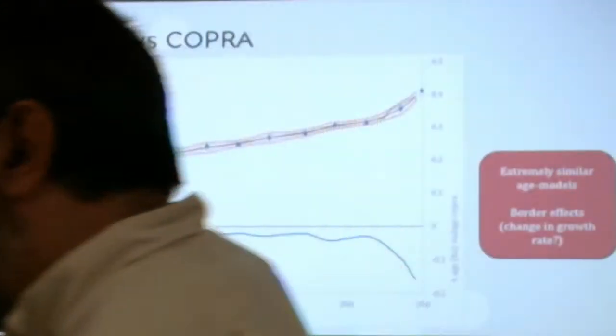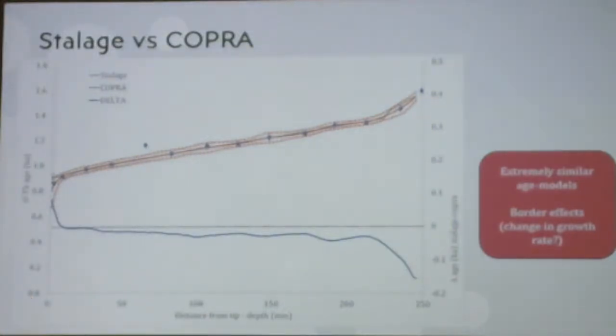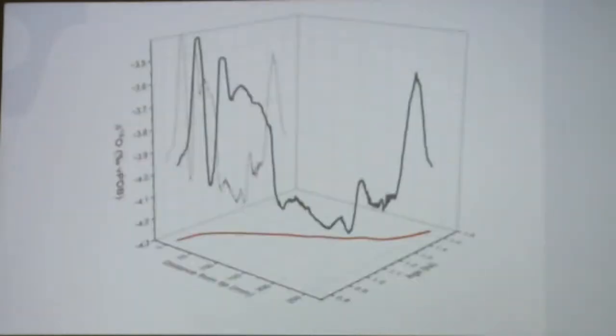It's something that is happening, at least with this data set, and has to be fully assessed with whatever you're working on. And there are some border effects. Basically, here Copra is putting the line here, and SLH is going straight. There are some changes here that have to be worked on.